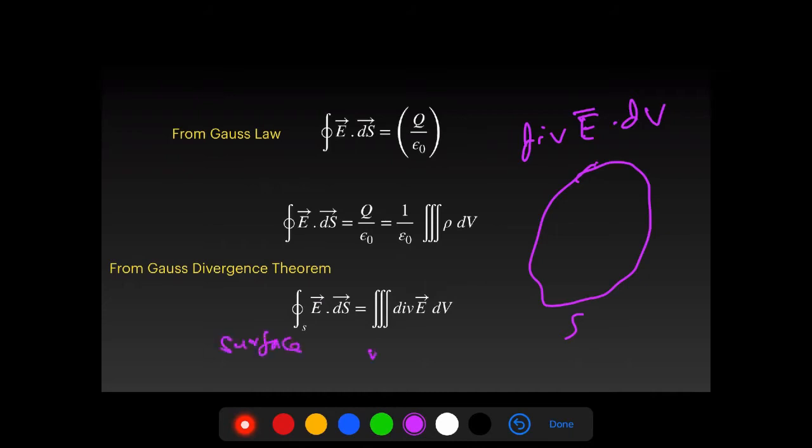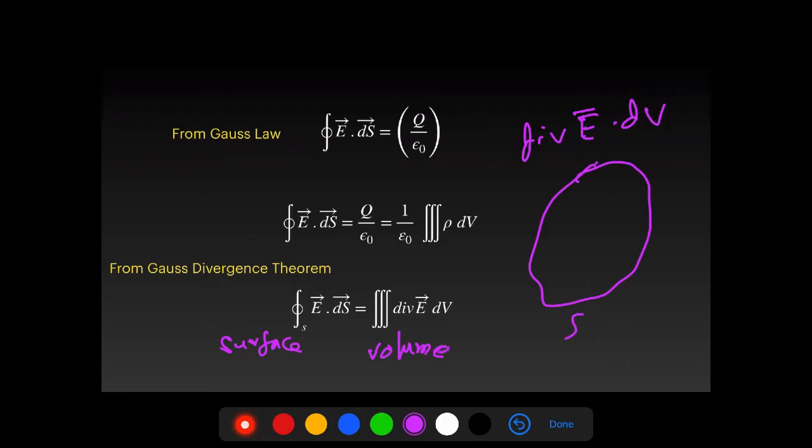Observe that the surface integral we are converting into the volume integral. So for the closed Gaussian surface, a three-dimensional surface, the surface integral of E bar dot ds bar equals the volume integral of divergence of E bar dv. So from the Gauss divergence theorem, we will get this formula.